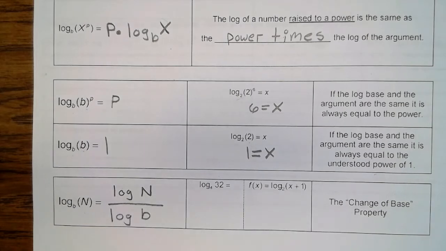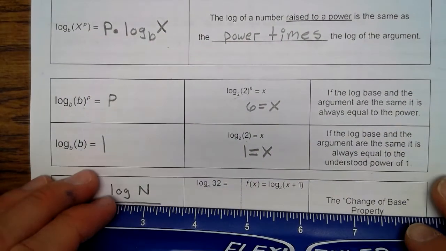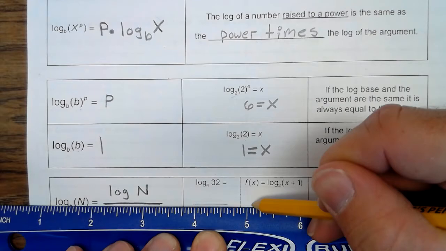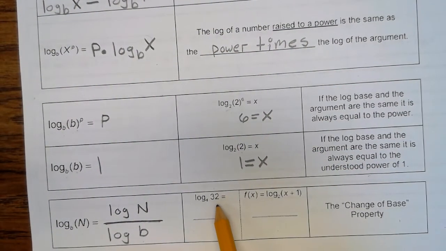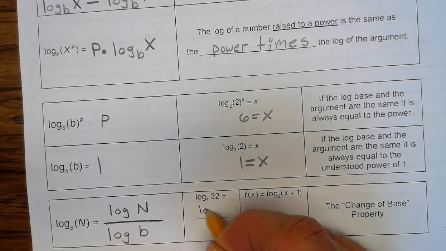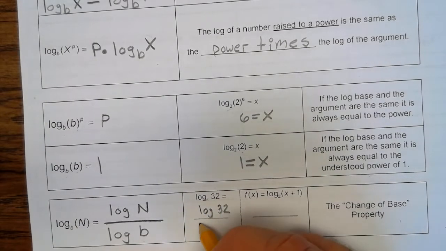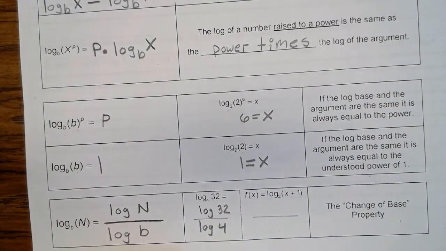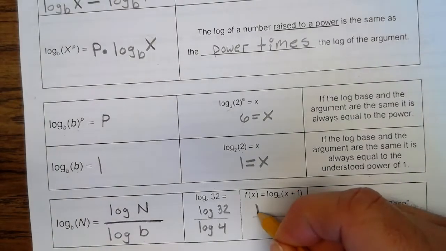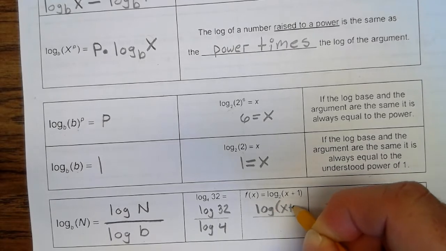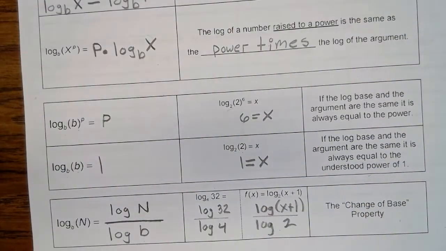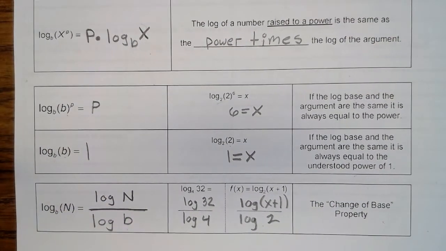Okay, so log base 4 of 32 can be written as log of 32 divided by log of 4. And then log base 2 of x plus 1 can be written as log of x plus 1 divided by log of 2. All right, so that goes over all of the logarithmic properties.